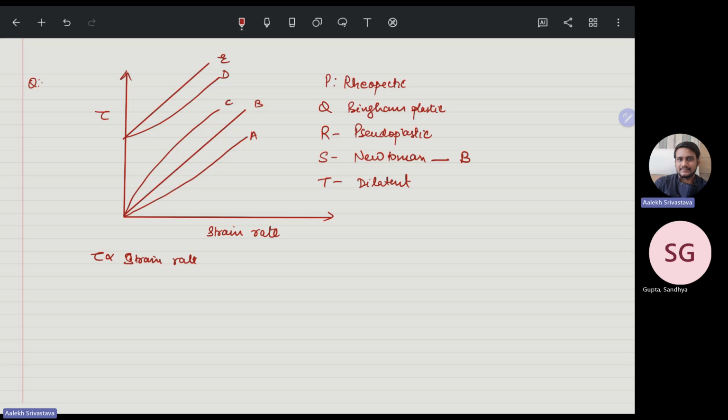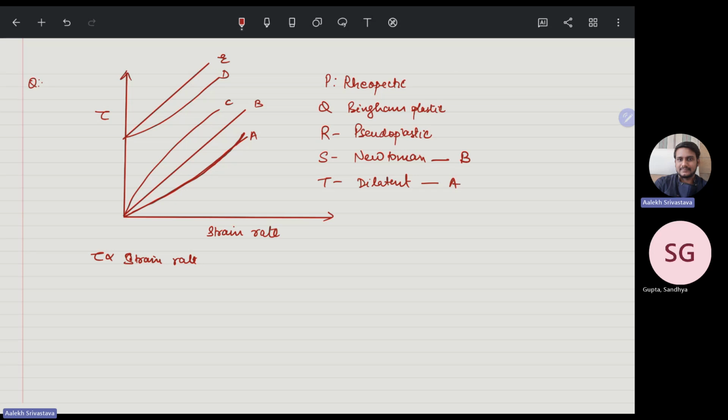So from here, if you see, this A is dilatant, or it is a shear thickening fluid.